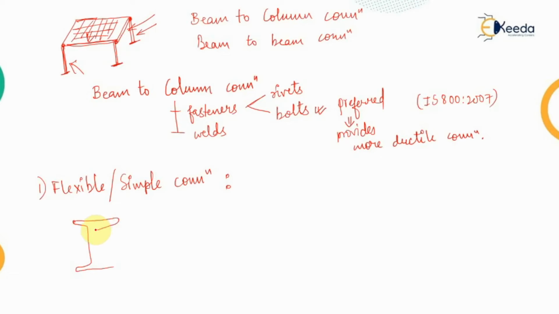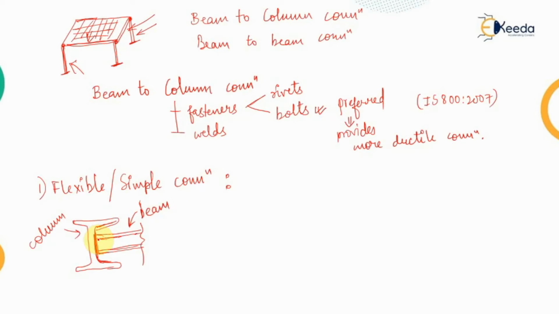So this is the I section, so it is symmetrical. So just assume that it is symmetrical. Now this I section, that is a column, this column is to be attached with the beam. So let's say a beam is attached at this position and it is again the I section. So from the side we will be seeing this part only. So this is the column and this is the beam.